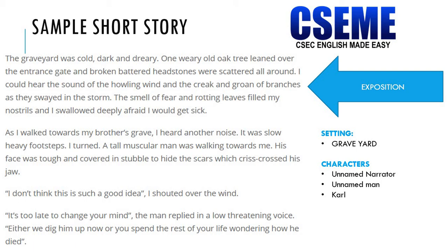If we look at the characters, we have a narrator, an unnamed narrator. We don't get the name of the narrator. And then we have another character who is described as a tall, muscular man, an unnamed man. And then we also have Carl, the brother of the narrator. We have to also remember that Carl is not in the story.